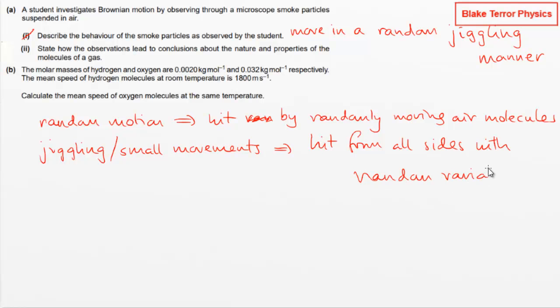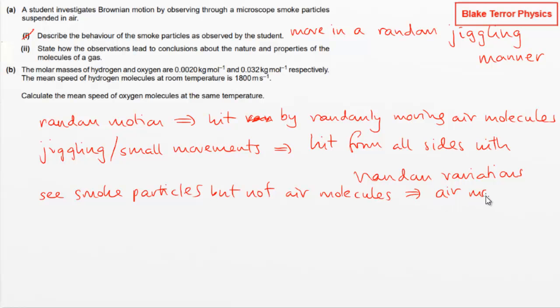And the other thing we can say is that we can see the smoke particles, but not the air molecules. So we can say they're really small. We can't see them. That implies that the air molecules are very small. So that should cover all bases there.